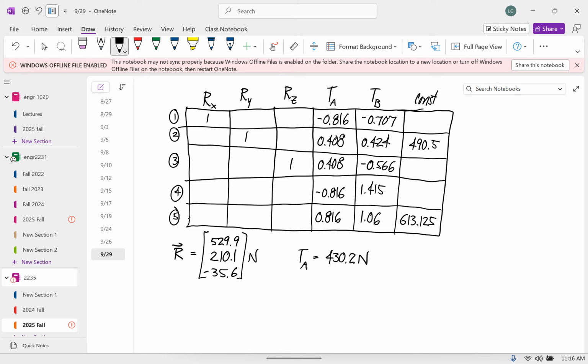I got 429.56. Yeah, that's just round off error. We just entered in. And then TB, you got about 247. Okay, so there it is.